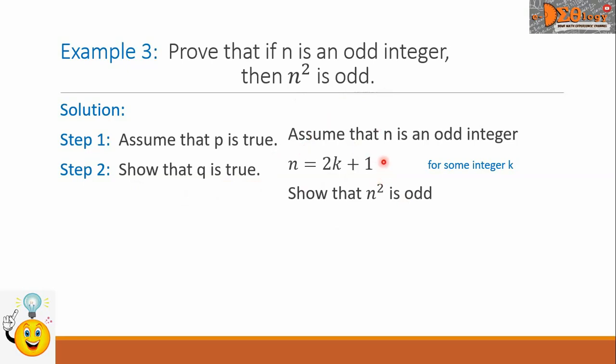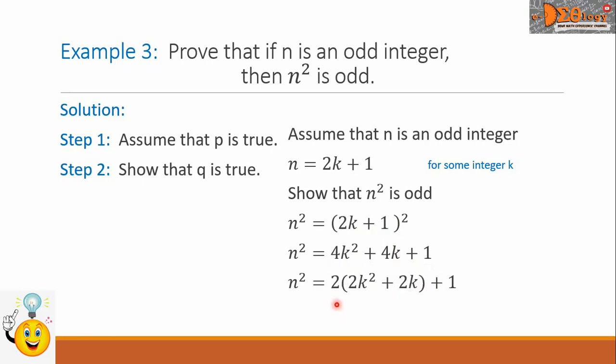Squaring the equation here, it becomes n squared equals the square of 2k plus 1. If we expand the right side, we will have 4k squared plus 4k plus 1. Look now at the first two terms. There is a common factor, which is 2. We can factor out that number 2. So we have 2 times the quantity 2k squared plus 2k.